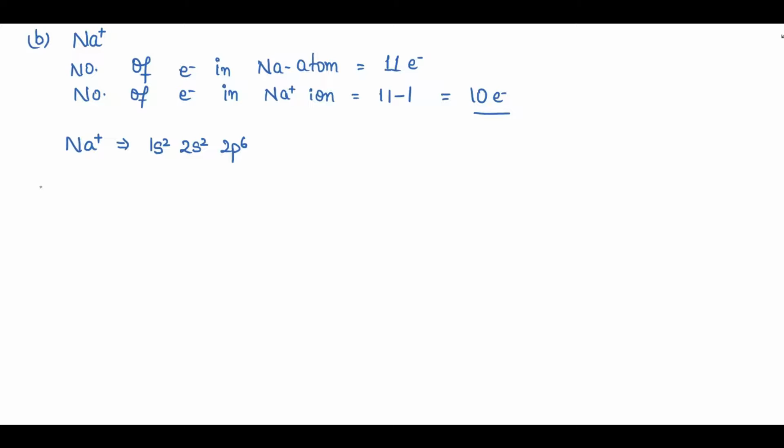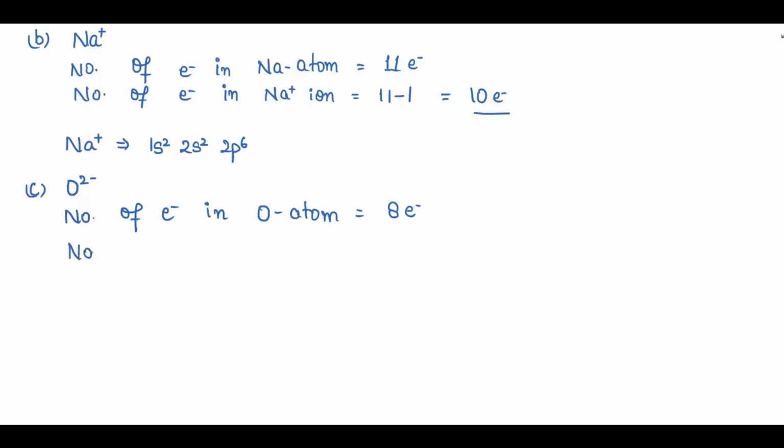Now we'll see the C part, that is O2 negative, right? Definitely the number of electrons in an oxygen atom is equal to 8 electrons, right? O2 negative means this oxygen atom gains 2 electrons.